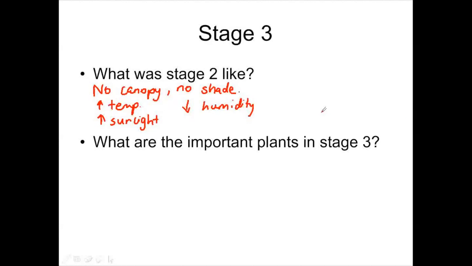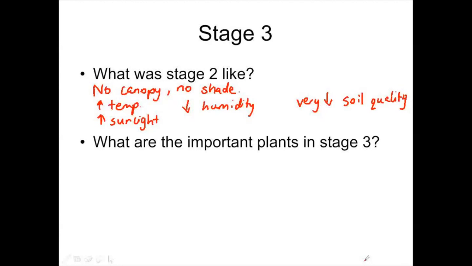Another thing about stage 2: it had very low soil quality. This is because the only vegetation that was around was the grasses, mosses, lichen and herbs.